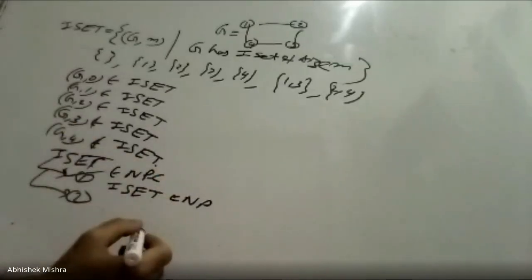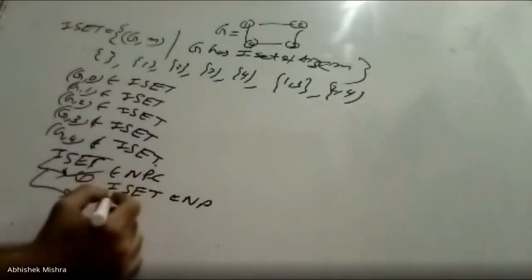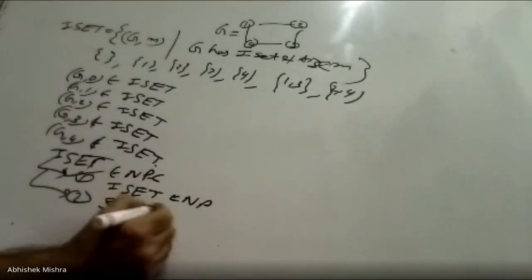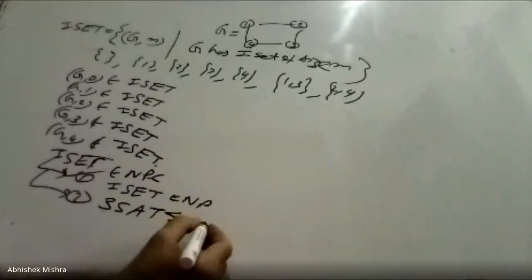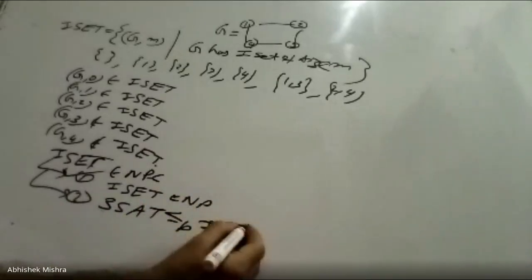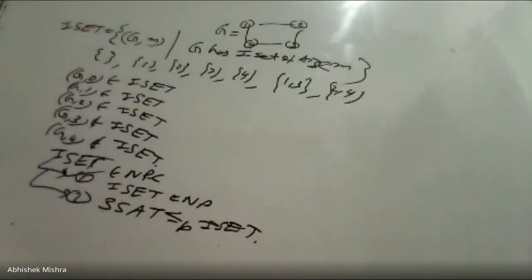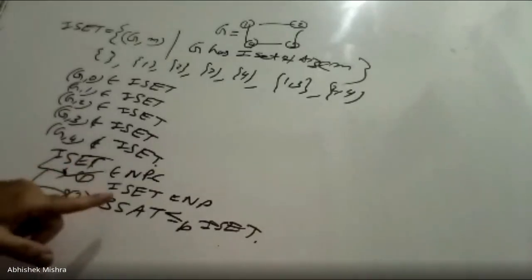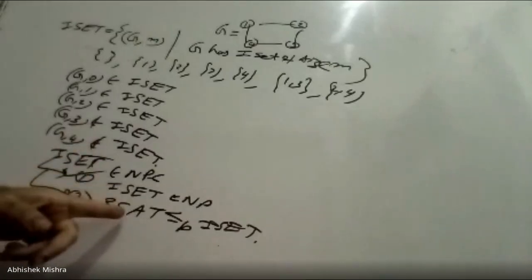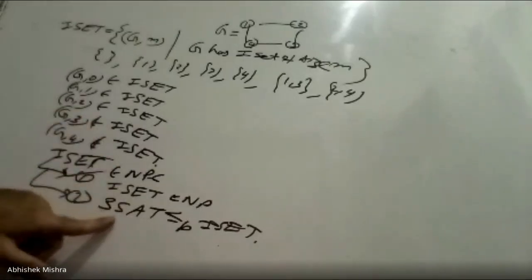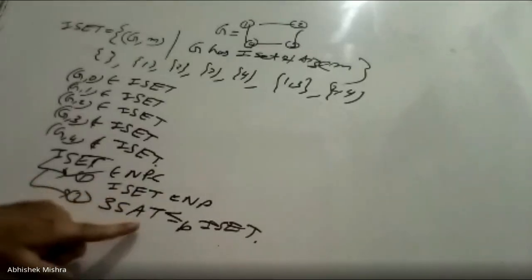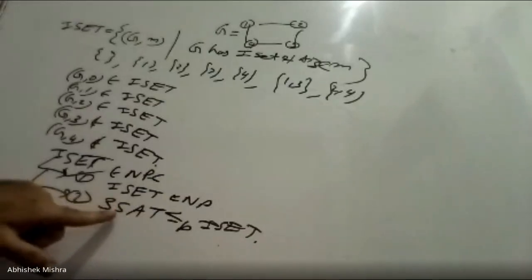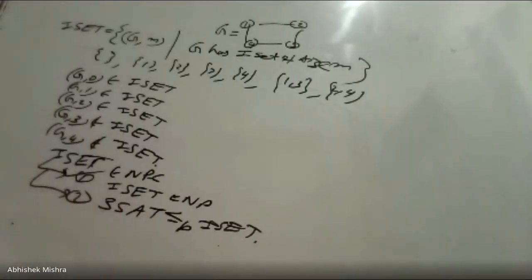Second, we'll show a polynomial time reduction from 3-SAT. We know that 3-SAT is already NP complete. We can show a reduction from any NP complete language, not necessarily 3-SAT, but we will show a reduction from 3-SAT to independent set.